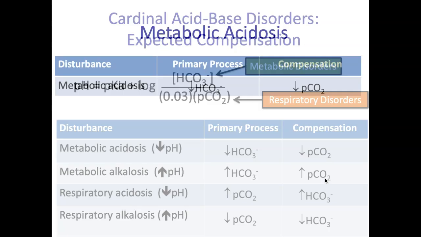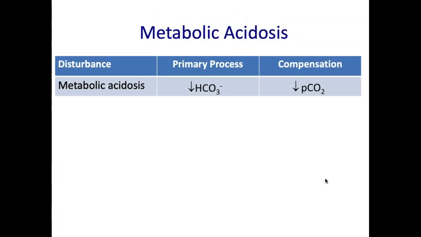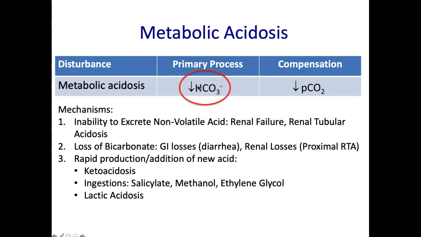Now let's talk about compensation more directly. Okay, for each disturbance, let's start with metabolic acidosis. The primary process is the bicarbonate is getting low. Let's talk about the things that could do that. Number one, maybe we're just unable to get rid of that acid that we're generating every day. Remember in the first talk, we talked about how the kidney is excreting protons.